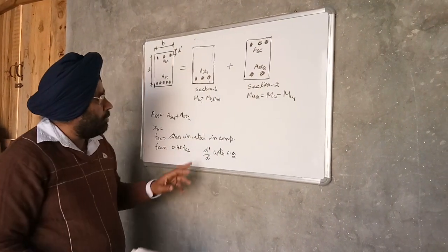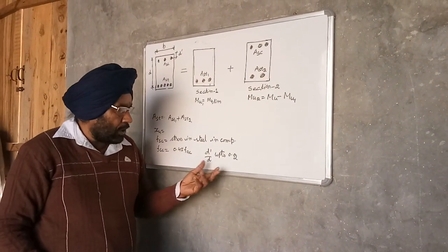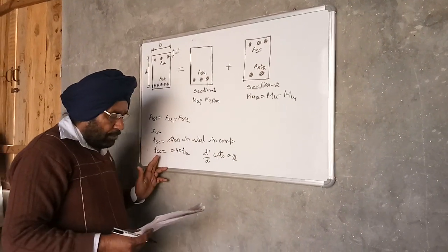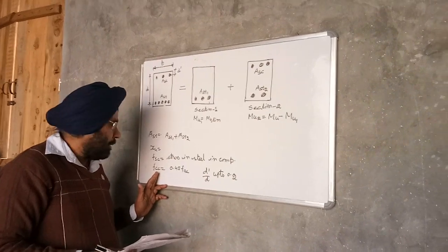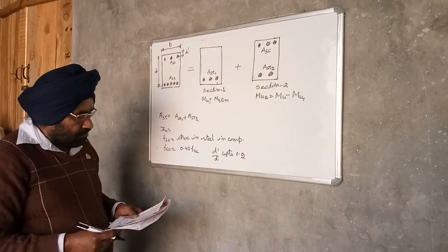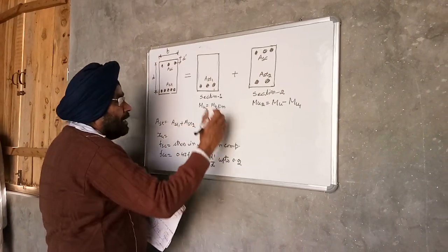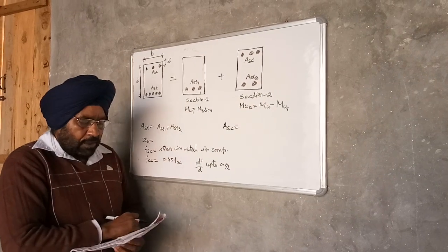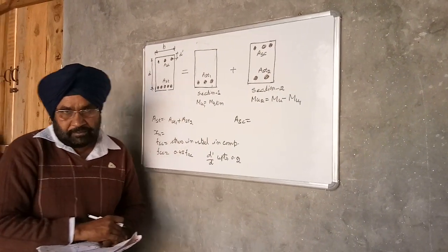So for d dash upon d up to 0.2, the value of fcc, the compressive stress in concrete at the level of compression steel, is 0.45 fck. And Asc is the area of steel in compression.